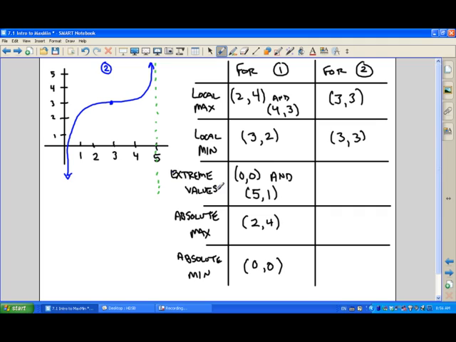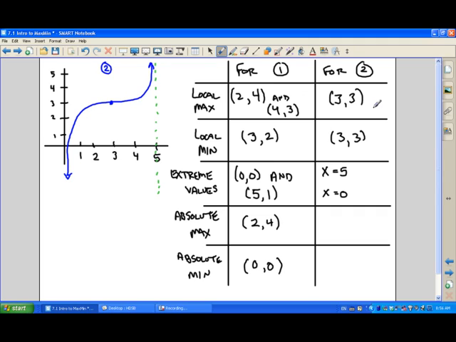For extreme values, our endpoints, well, I have a vertical asymptote at x equals 5. And I have another vertical asymptote through x equals 0. And you recall that around these vertical asymptotes, functions approach infinity.